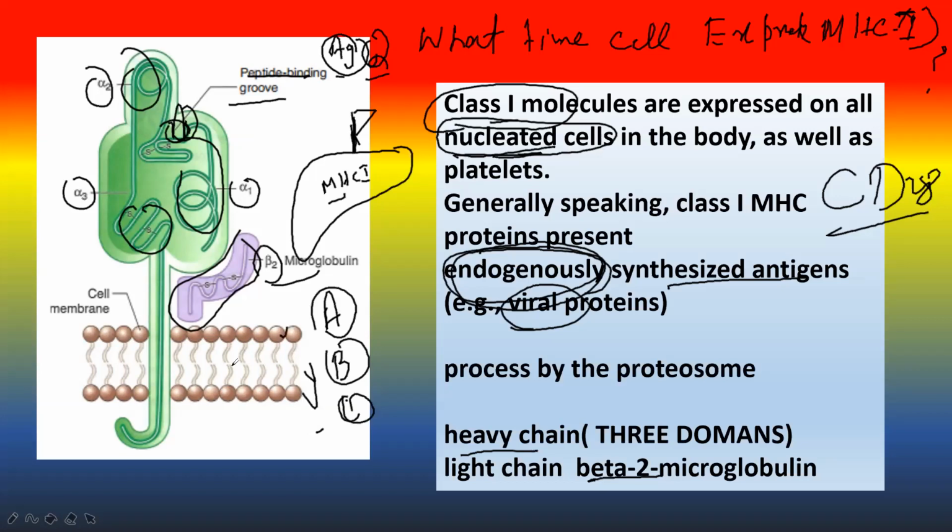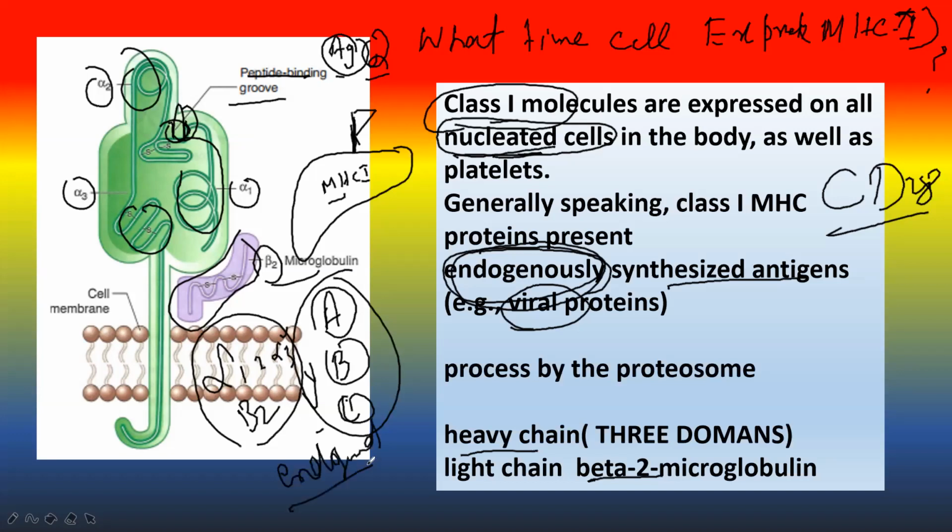The structure has an alpha chain, alpha 1, alpha 2, alpha 3, and one beta 2 chain. How do they present the antigen? They use the endogenous way. MHC1 is used by virus infected cells and by tumor cells. If they have some tumor-like condition inside them, with abnormal protein, they express MHC1. Clear?